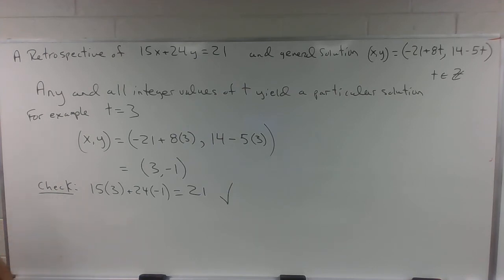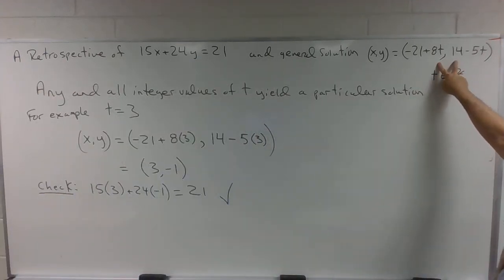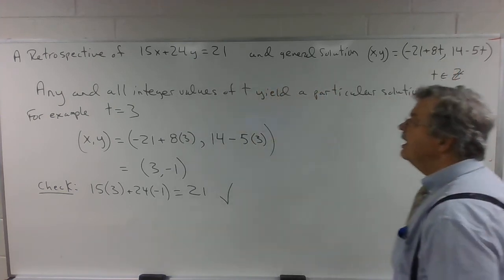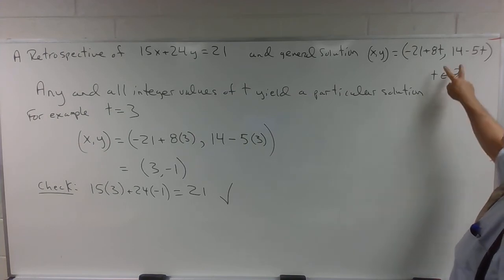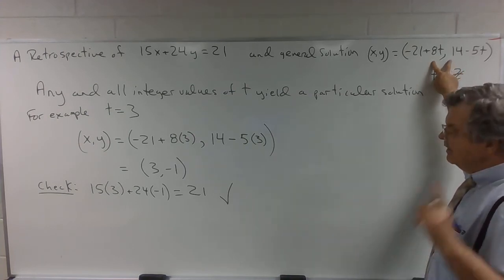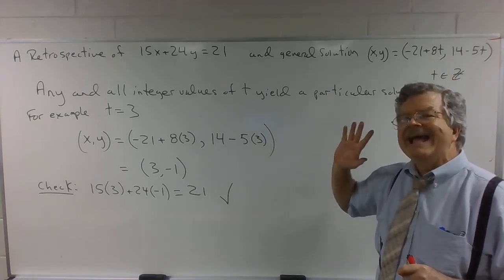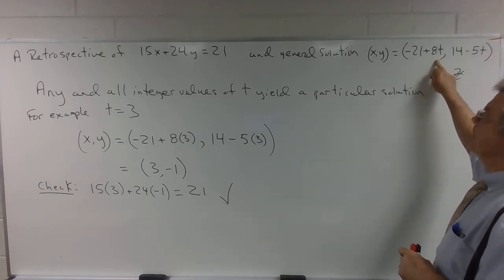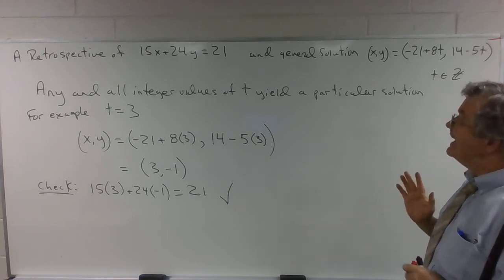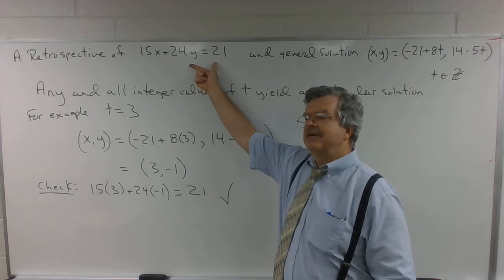So any integer that we plug in for t will yield a solution to this Diophantine equation. Ryan, we can even plug a ham sandwich in here, and as long as it's an integer ham sandwich, it will yield a solution. Any integer for t will turn this into a particular solution. So there are infinitely many solutions to this Diophantine equation.